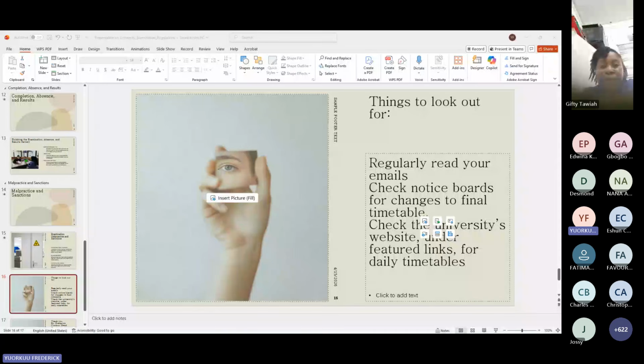So please, at this time, if you sleep, if you relax too much, things will go and leave you. So you have to always make sure that you check these things, look out for information. If there is anything bothering you, then you quickly contact the Teaching and Examinations Unit at the Academic Affairs Directorate. We'll respond to you, we'll attend to you.